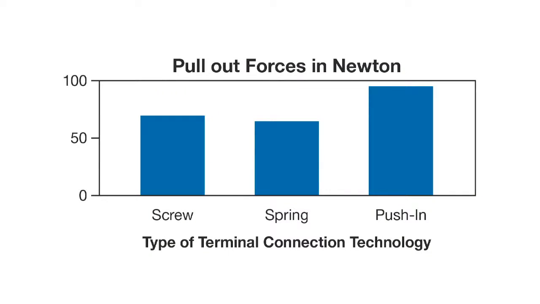Another benefit of the push-in terminal blocks is, for example, the pull-out force of the wire. Once it's connected, it's very hard to pull out the wire, and here we really see big differences between a push-in terminal block, where the pull-out force is much larger than on regular screw or spring terminal blocks, and that makes them really reliable, low maintenance later, and also very suitable for long life applications.